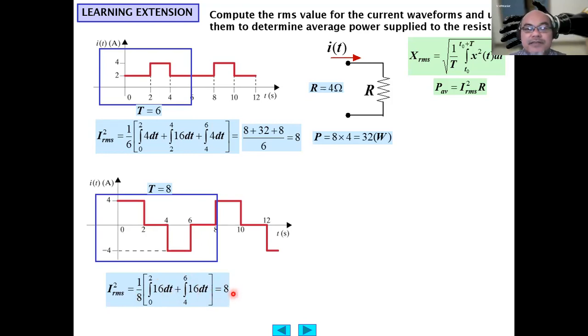I square RMS is 8, multiplied by the resistance value of 4. So the average power supplied to the resistor is 32 watt also.